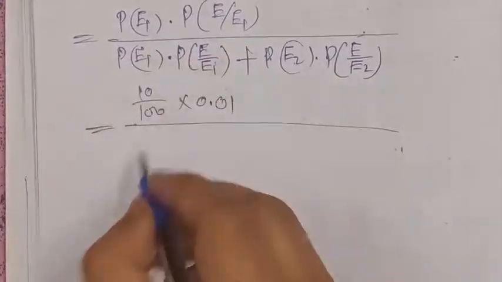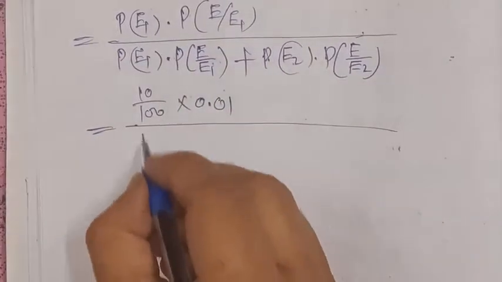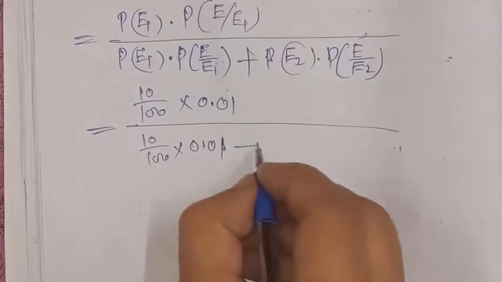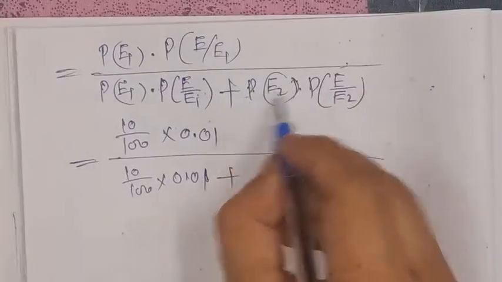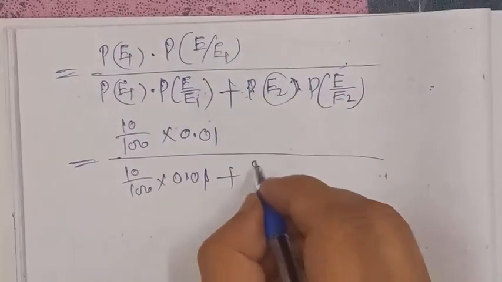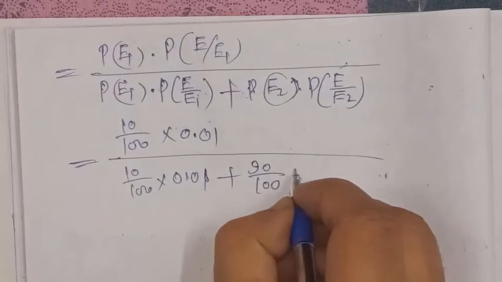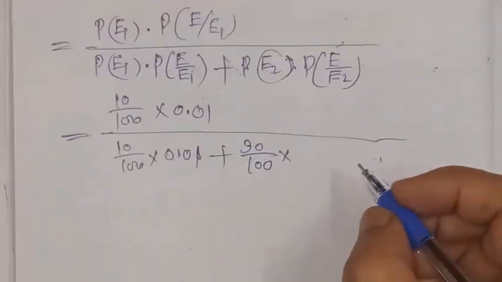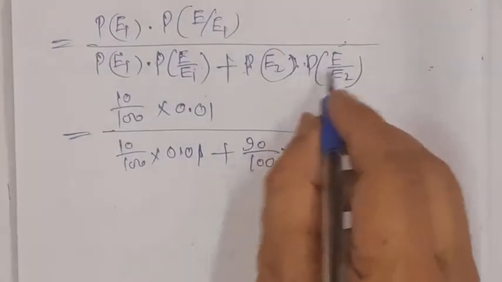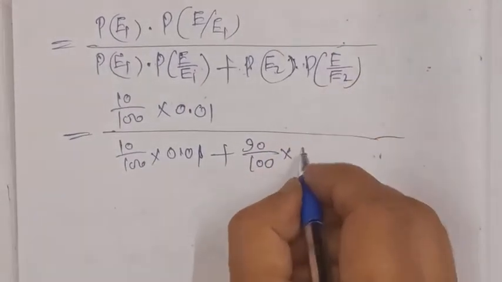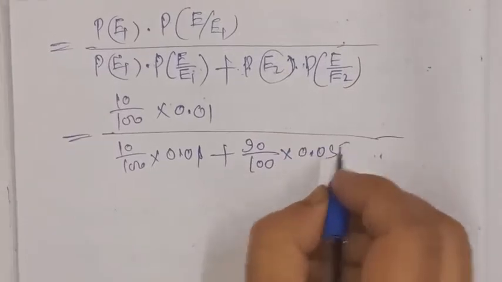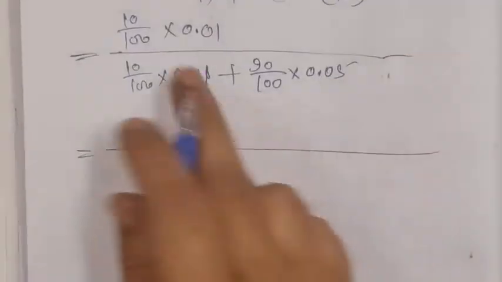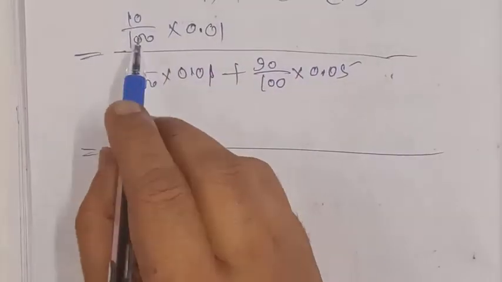So I write this value here, 10 upon 100 into 0.01, plus the value of P(E2), which is 90 upon 100, as written on the previous page, and P(E by E2) is 0.05. Now we have to calculate this value.